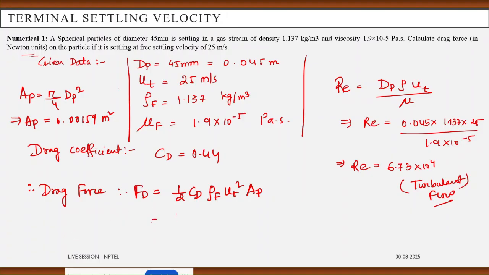So if you put all the values here, you will get the straightforward answer. I hope you are getting the same value as 0.2486 Newton.